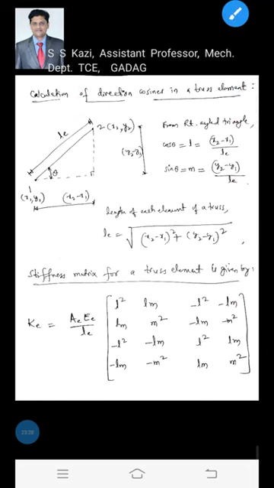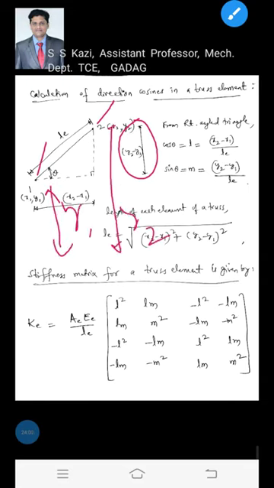From the coordinate values we will come to know this side. This side is in the x direction, so if this is the x2 value and this is the x1 value, then this side will become x2 minus x1. And this side is in the y direction, with coordinate value y2, and in the y direction the other is y1.